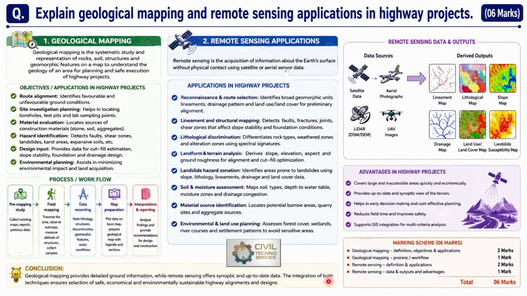The integration of both techniques ensures selection of safe, economical, and environmentally sustainable highway alignment and designs, which means the advantages in highway projects depend on geological mapping and remote sensing applications used for data collection and also for site selection criteria and design.